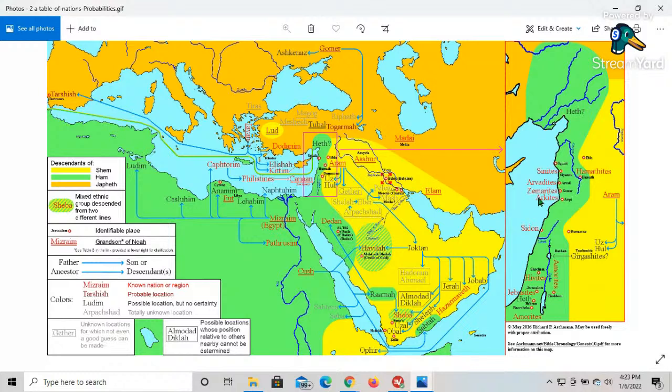The Arvadites, the Zamorites, the Archetytes, the Hivites, the Jebusites, the Amorites. These are all people that were fighting against Israel as they moved into the land of Canaan.